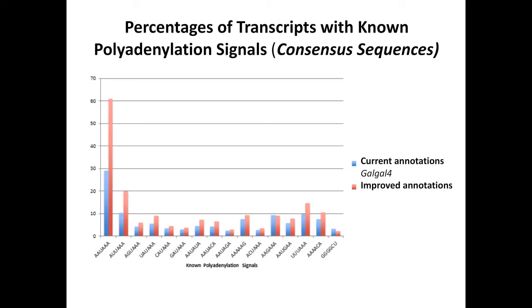It shows that the improvement we did actually improved the gene model annotation, because you can see that it's almost more than double the number of polyadenylation signals. And the second one is also doubled. This is the second polyadenylation signal. So we can see that there's also a 2-fold increase in this signal in our transcripts.